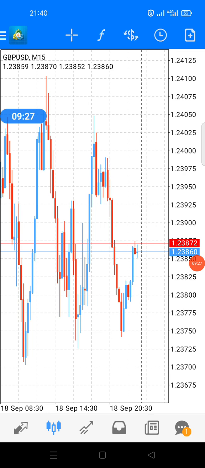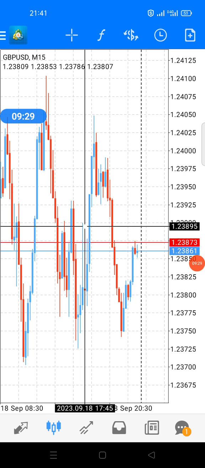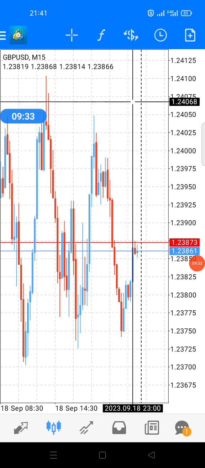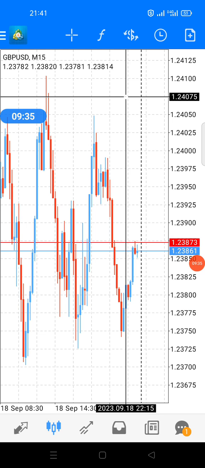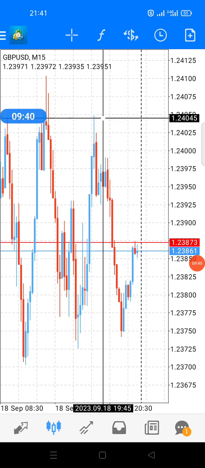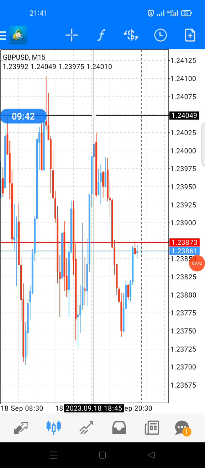While the plus sign by your left hand side is called your crosshair. Your crosshair is a plus like line that is used to know the price of each place you want to check. Like, look at this peak here. The price is what you see at your right hand side, which is 1.24049.